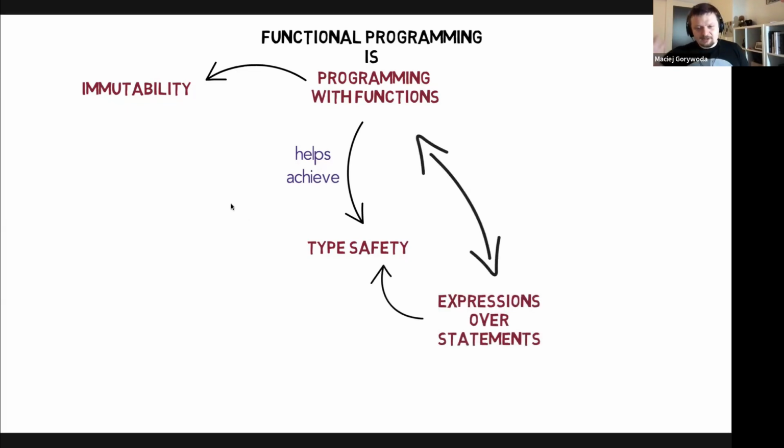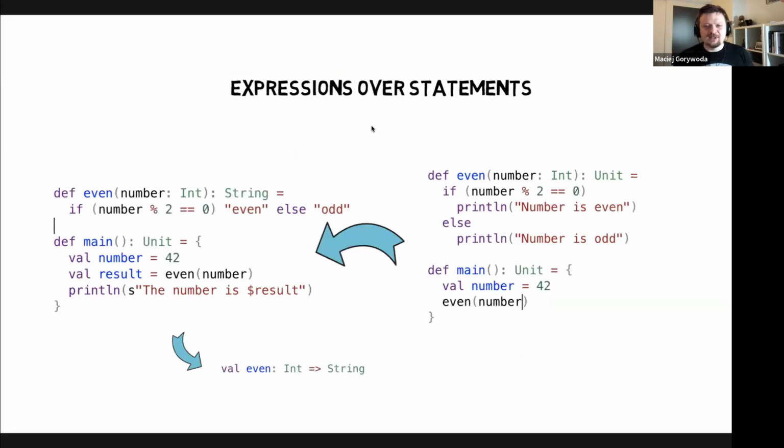One more thing, which we may say is a bit redundant, since we already say that we program with functions, but I think it's very important to stress, is that in functional programming we often try to use expressions over statements. A statement, how to say it?